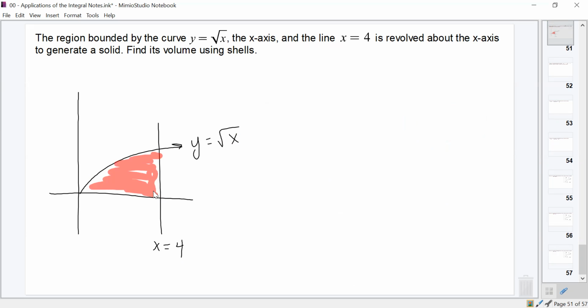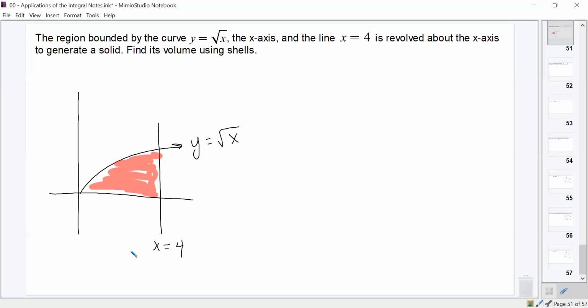Now, obviously, revolving that around the x-axis, we're going to get something down here. We could slice that perfectly vertically into an infinite number of little slices and do it in terms of x, and it'd actually be a really straightforward problem. But just for the purposes here of learning how shells work, we're going to see if we can find a way to set this up using cylindrical shells.